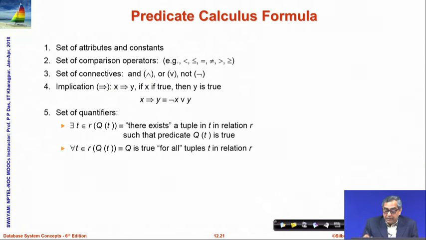And what makes it primarily predicate calculus is the fact that it has the existential quantifier, which says that the formula there exists T belongs to R, Q(T) holds if I can find at least one tuple T which satisfies Q(T).